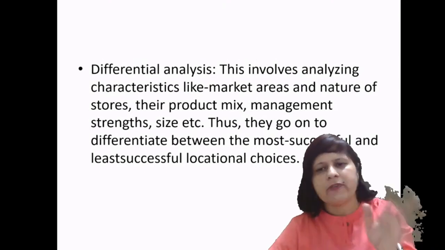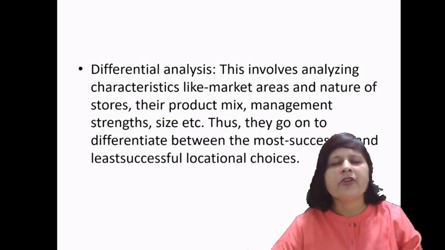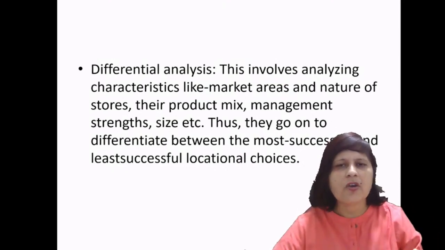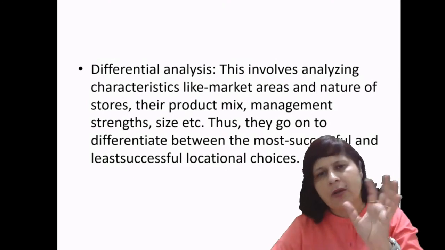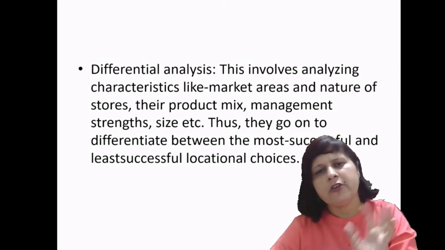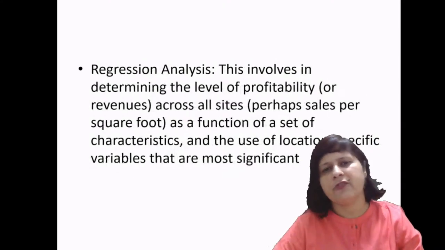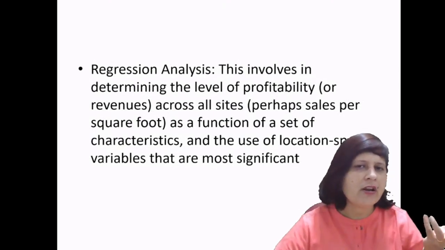Differential analysis is when you differentiate the areas, right? You differentiate the areas on the basis of the market area, the nature of the stores, product mix, management and size, and compare on the basis of the most successful and least successful locational choices.